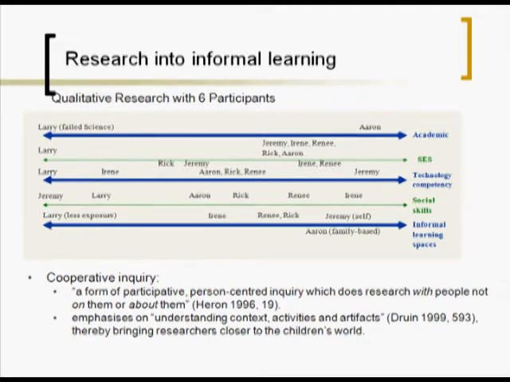As you can see, Larry is from a somewhat poor family, so he is on the left side. On the right side, Jeremy and Erin have richer learning spaces and very good technology competency. So we want to identify all 6 cases, how they do informal learning at home, and how we can design our technology and pedagogy and lesson activities to help them.